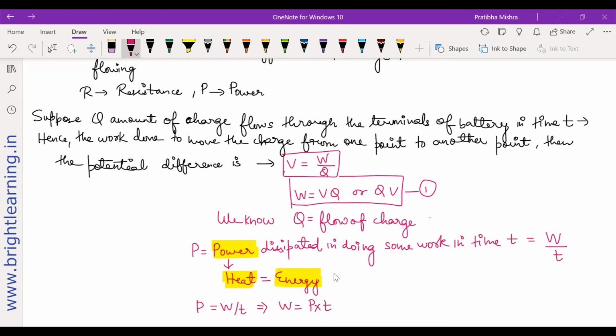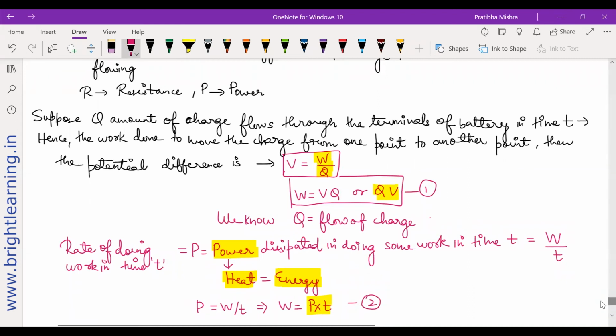Power is nothing but rate of doing work. In other words, rate of doing work in time T. Let us underline all these important things, how we are deriving it. Now use W is equal to P into T in the first equation.